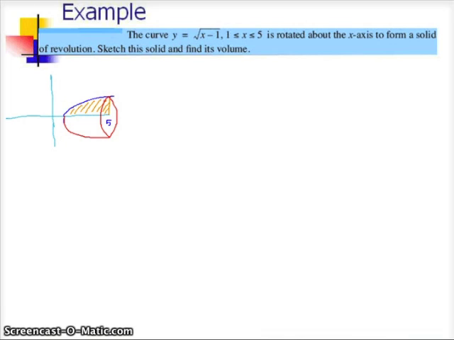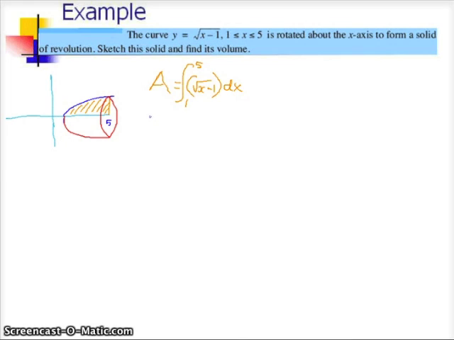So the orange area underneath the curve is equal to the definite integral between 1, the lower boundary, and 5, the upper boundary, of our function, which is the square root of x minus 1, and the whole thing has been integrated with respect to x.